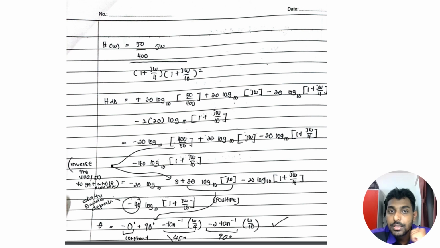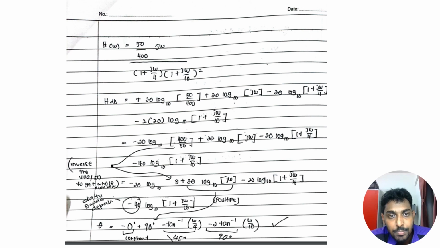Now we need to find the decibel, that is H in dB. Here the poles will be negative log and the zeros will be positive log. We have 50 over 400, which will be positive 20 log, and the jω in the zeros will be positive 20 log.